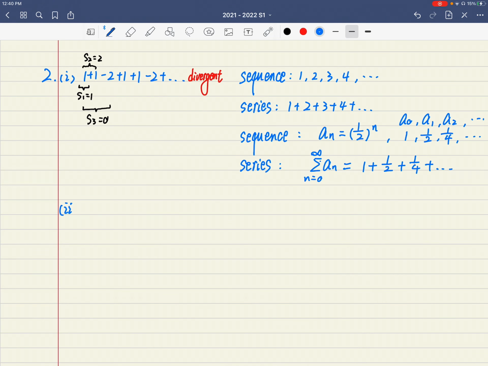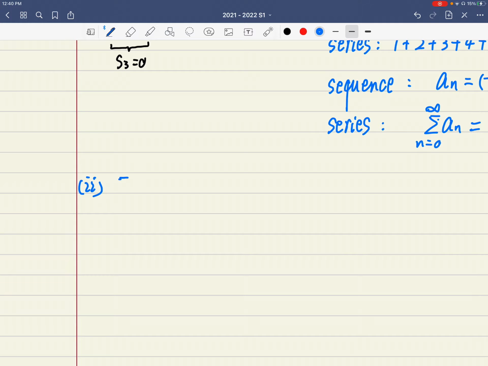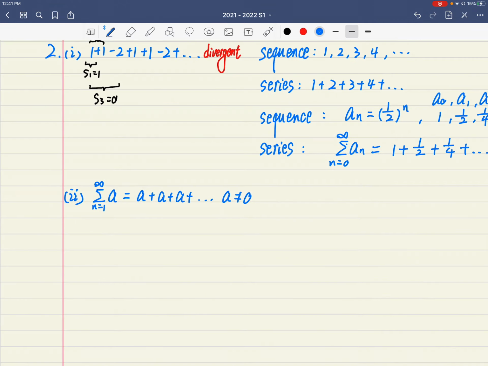Part 2, we have the sum from n equals 1 to infinity of a. What is this? It's just a plus a plus a forever, and you already know a is not 0. Again, what's the k-th partial sum? S1 is just the first term, a.